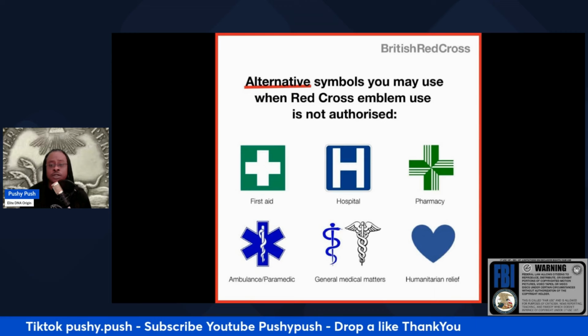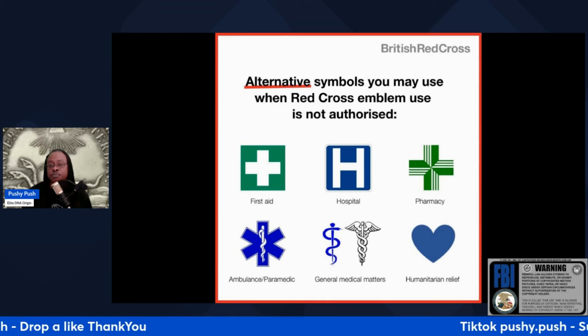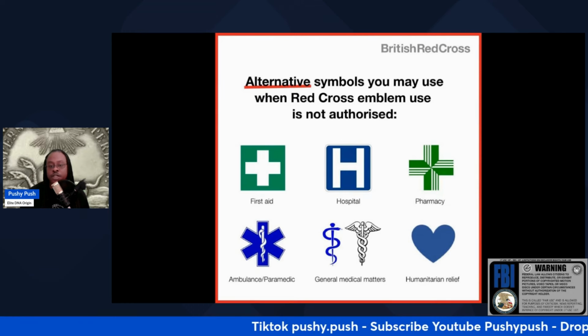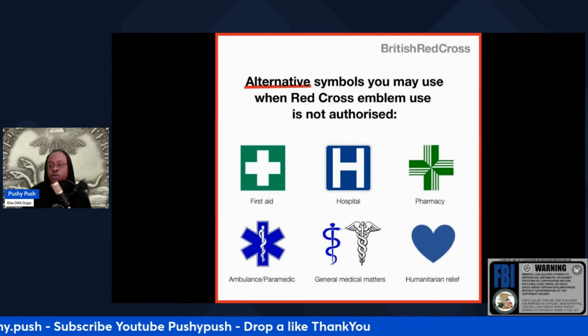So, if we can look at this picture right here, this has a lot of our red cross symbols. It's the symbol that is associated with health. And it says alternative symbols you may use when red cross emblem use is not authorized.